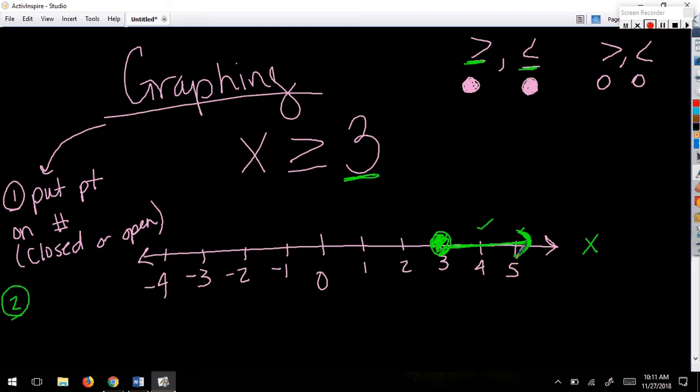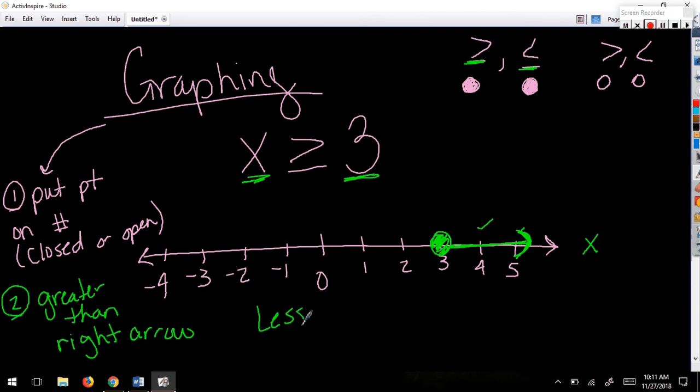Here's a hint: as long as your variable's first, greater than always goes to the right, and less than goes to the left. Less than, left.